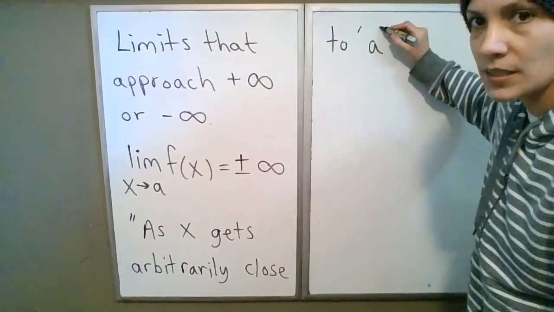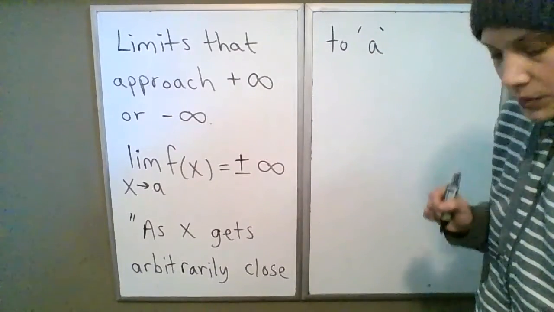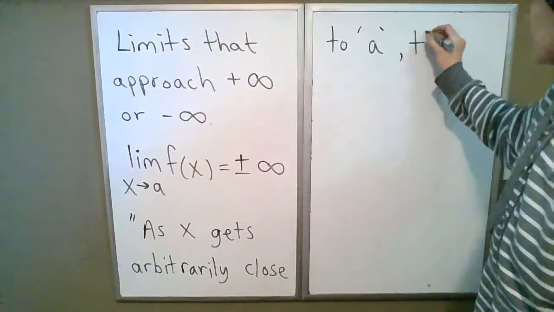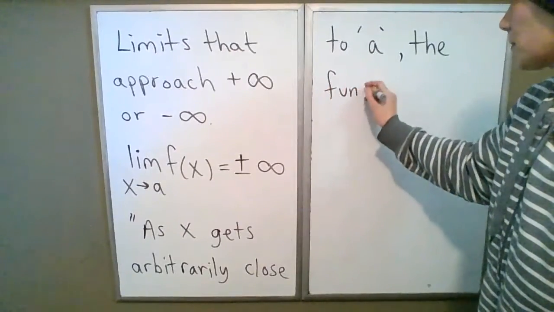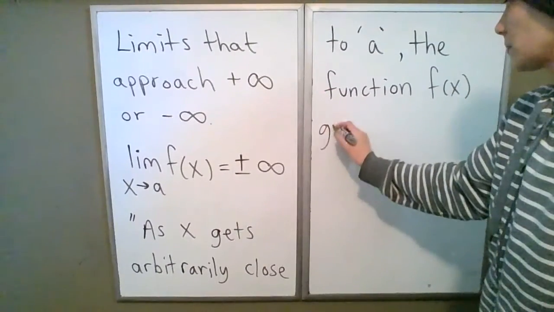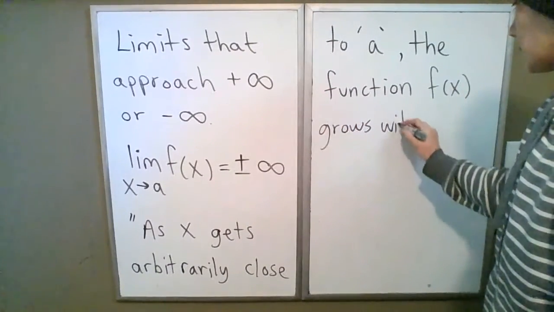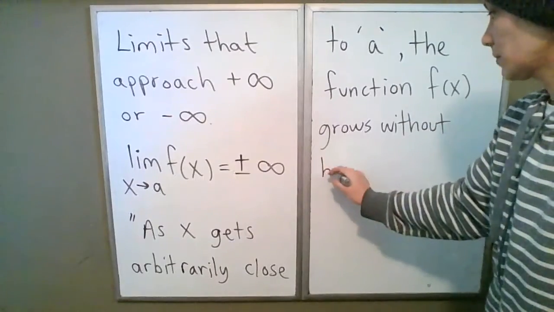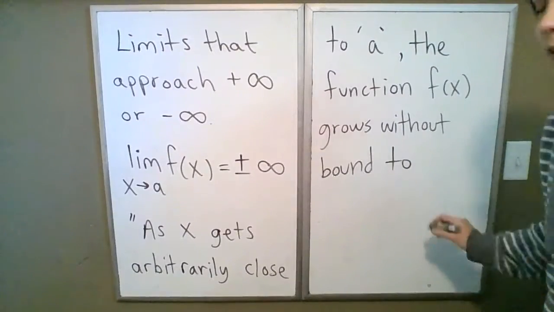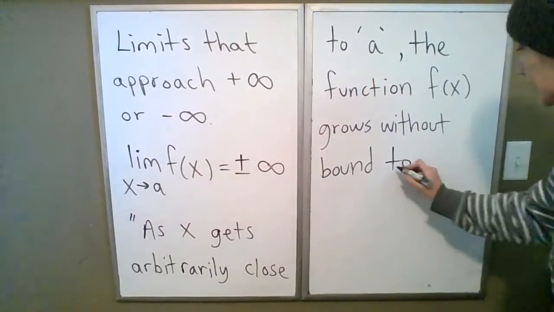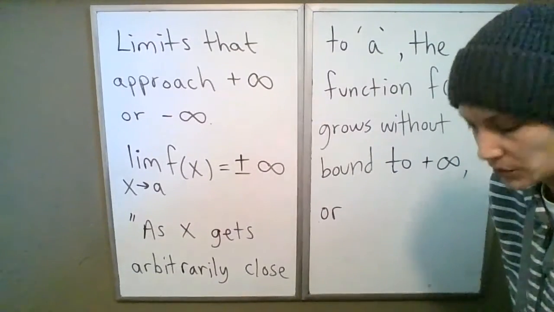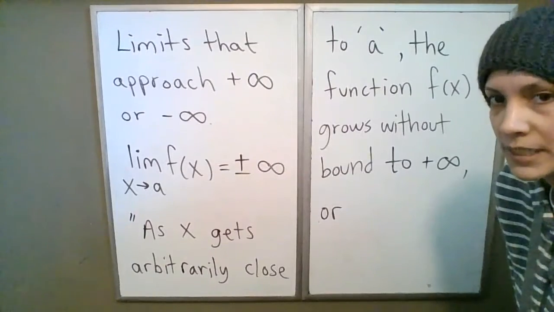So I'm gonna put little quotes here just so it doesn't look like the word a. Getting close to some number a, your function f of x grows without bound up to positive infinity, or it decreases without bound down to negative infinity.